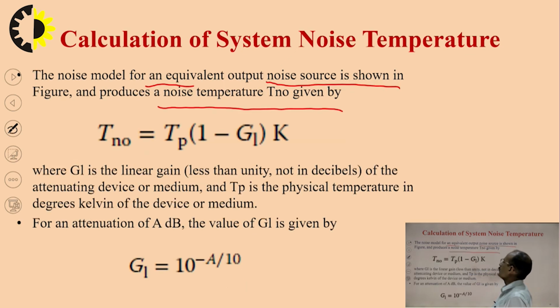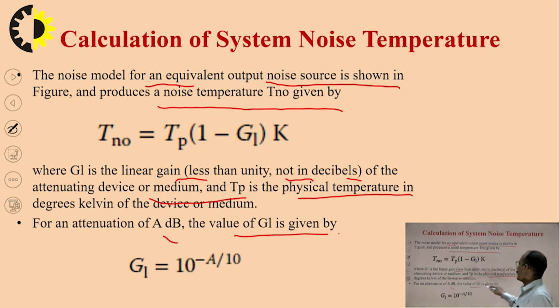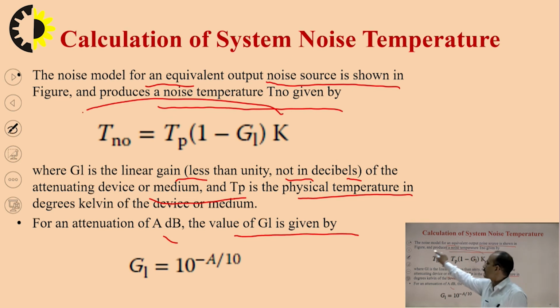It produces a noise temperature TNO equal to Tp(1 minus G1)K, where G1 is the linear gain less than unity, not in decibel, for attenuating devices or medium, and Tp is the physical temperature in degrees Kelvin. So for an attenuation of a dB, the value of G1 is given by G1 equal to 10 to the power minus a by 10. This formula is very important.